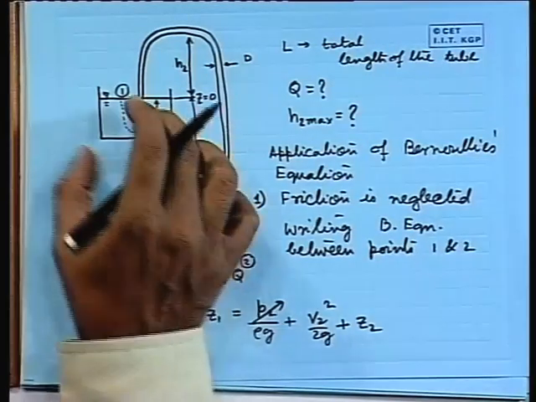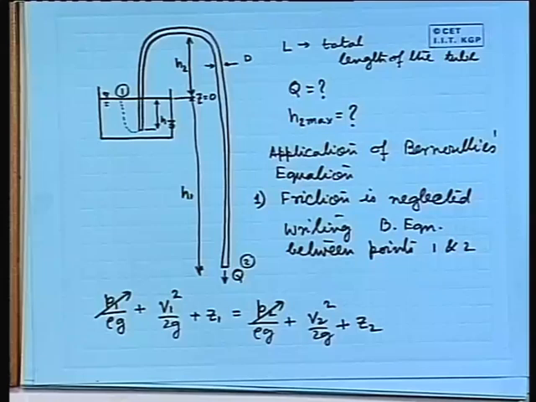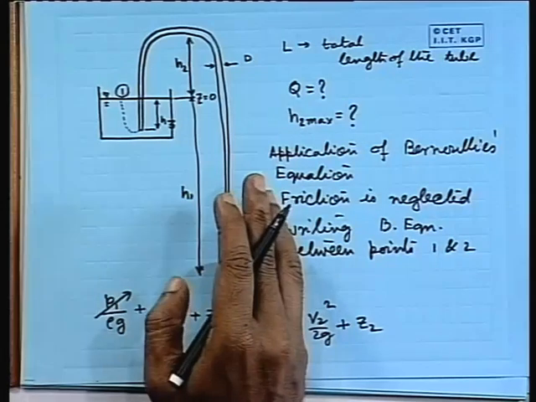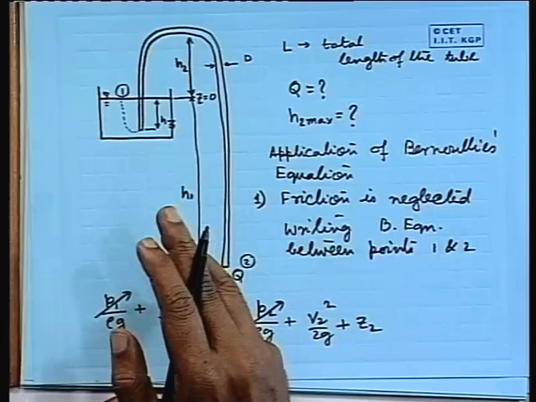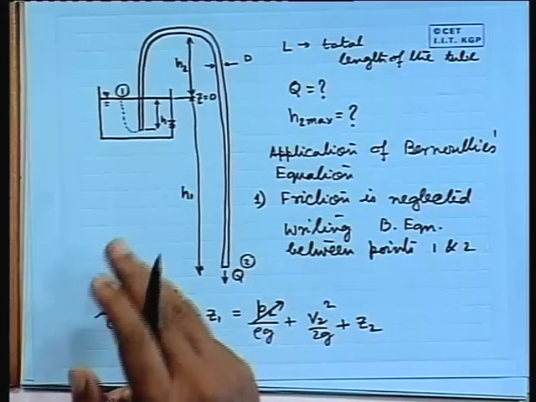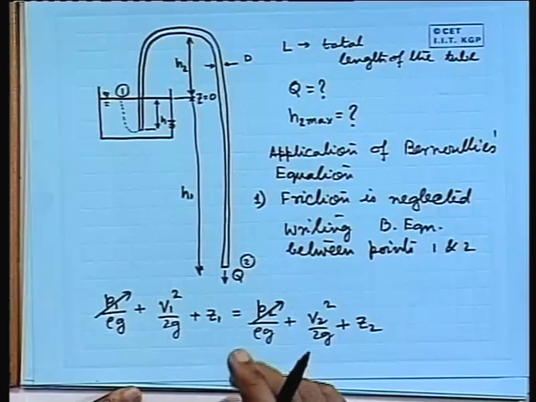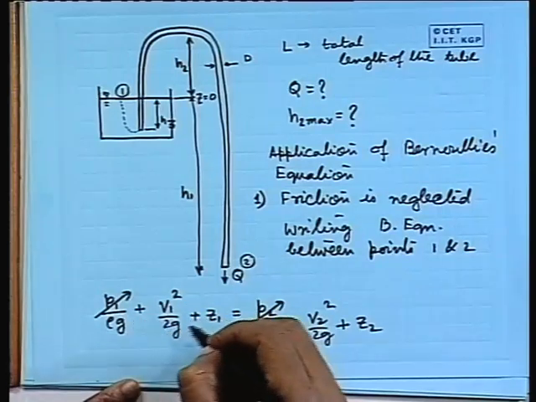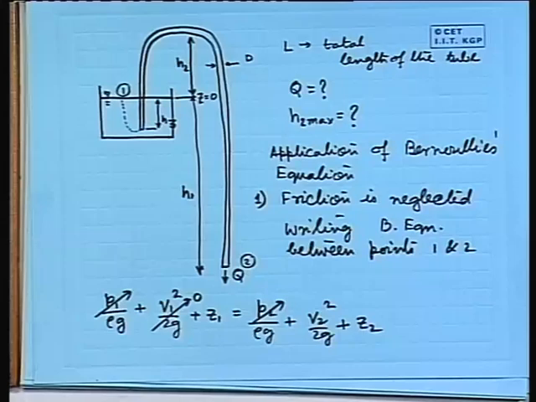V1 square by 2g, as the area here is very large compared to the area here, so this velocity is almost equal to 0, or it is negligibly small compared to V2 square by 2g. So, basically this is gone.